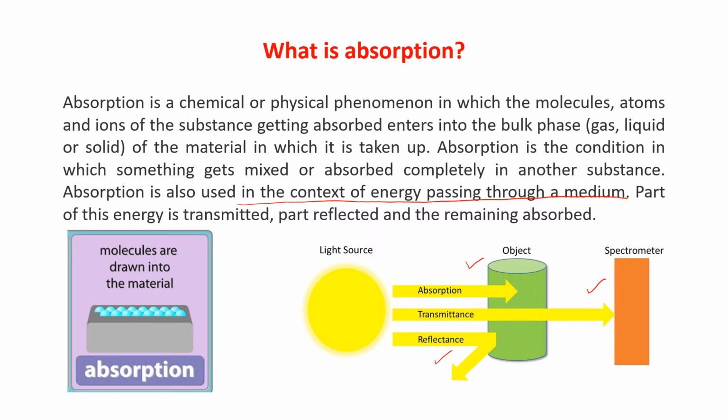So the main difference between absorption and adsorption is that adsorption is a surface phenomenon. Only the molecules or atoms remain on the surface. But in case of absorption, it is entering into the bulk phase.